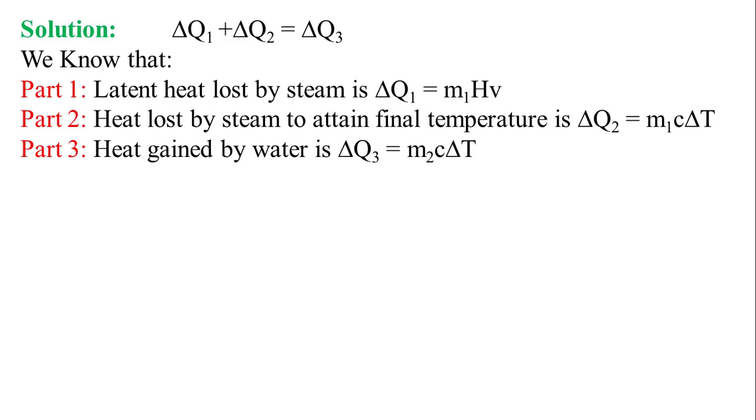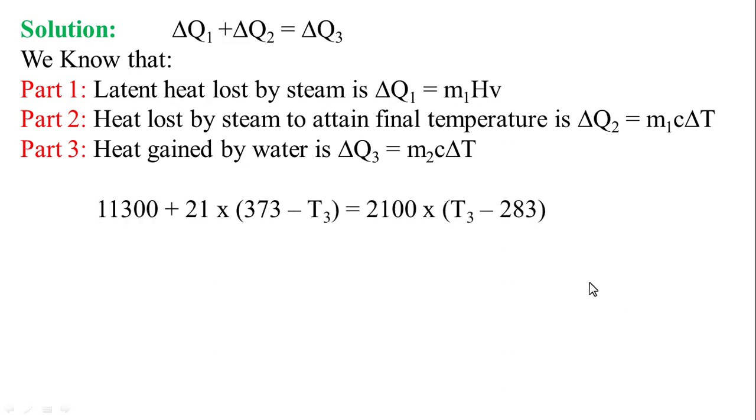Now finding the values, putting in the values, delta Q1 is equal to M1 Hv, which is 11,300, plus delta Q2, equal to 21 multiplied by (373 minus T3), is equal to M2 C, 2100 multiplied by (T3 minus 283).